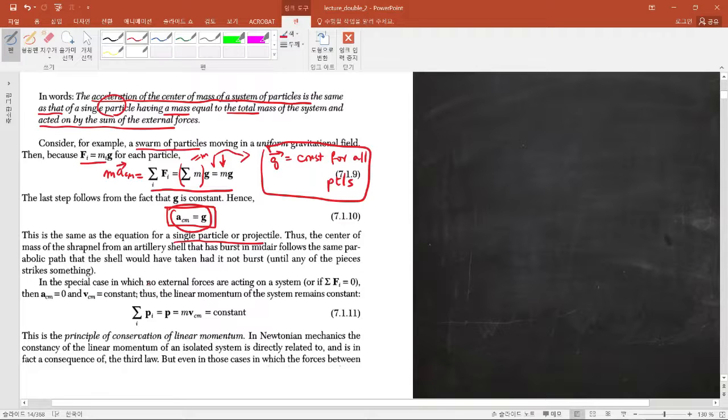Now in the special case when no external forces are acting on the system, then of course F_i is 0, and that means P_i is constant. So that is linear momentum conservation.